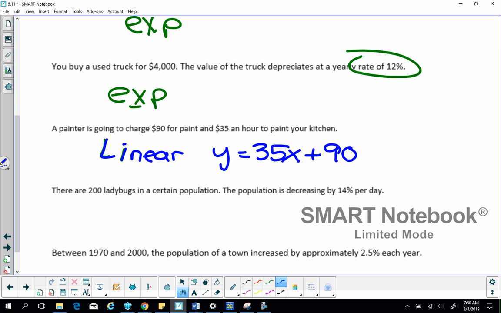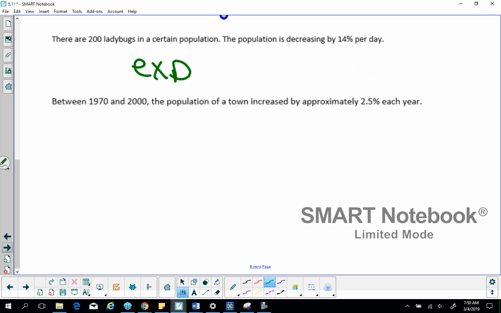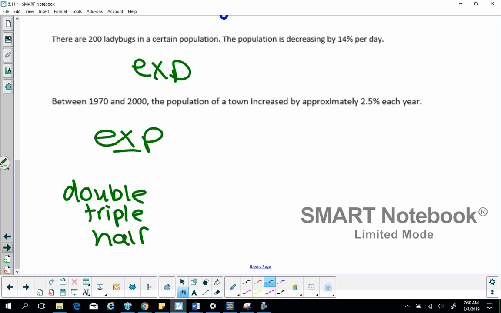If it says a percent right there, it's increasing by 14%. Good. Exponential. And last one, it's increasing by 2.5% each year. So usually if it's a percentage like that, or there are words like double, triple, half, or multiplying by any fraction, we know that it's exponential.